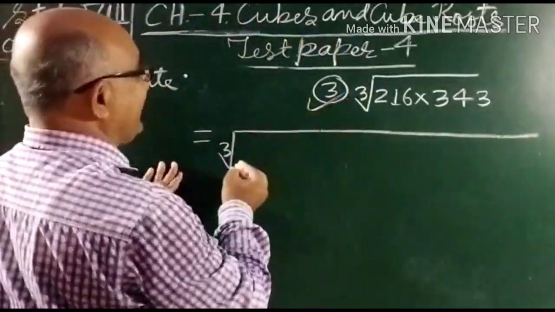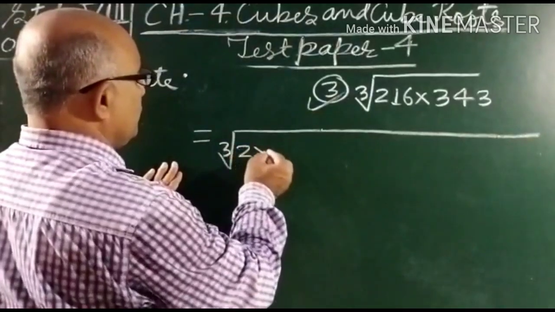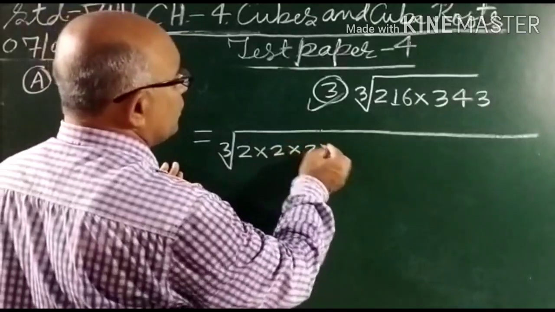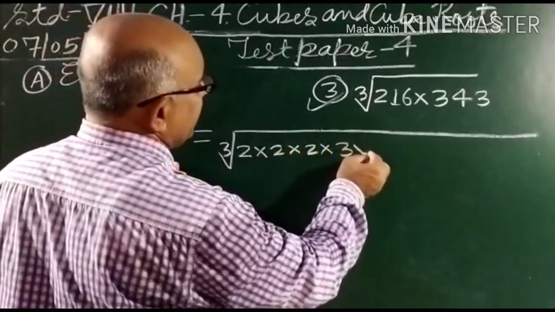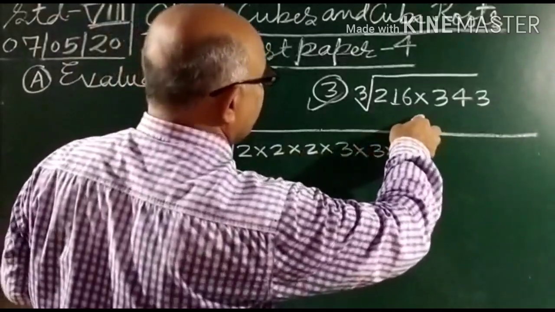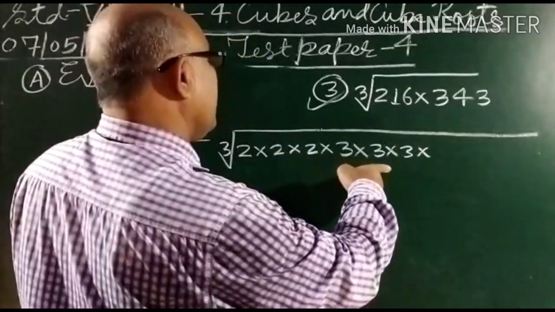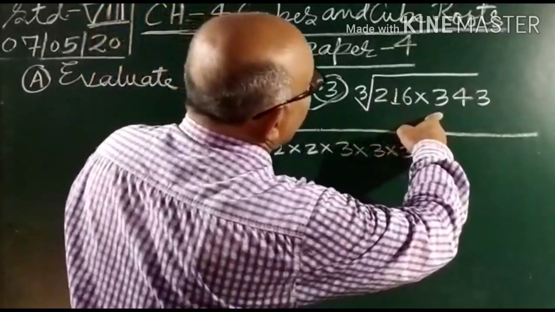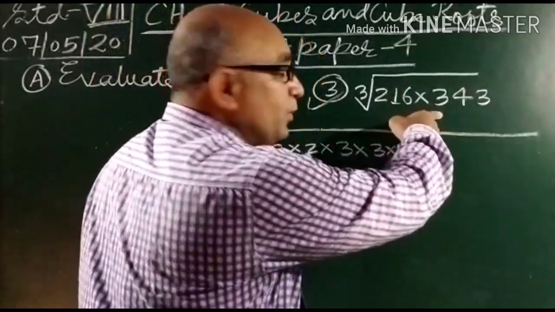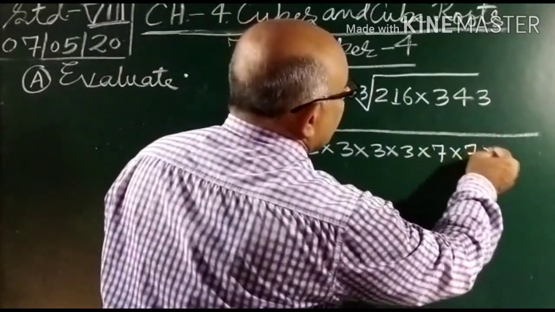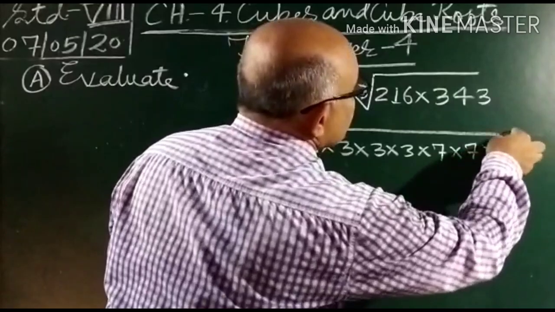Cube root of 216: 2 into 2 into 2, again 3 into 3 into 3. These are the prime factors of 216. Now the prime factors of 343: 7 into 7 into 7.